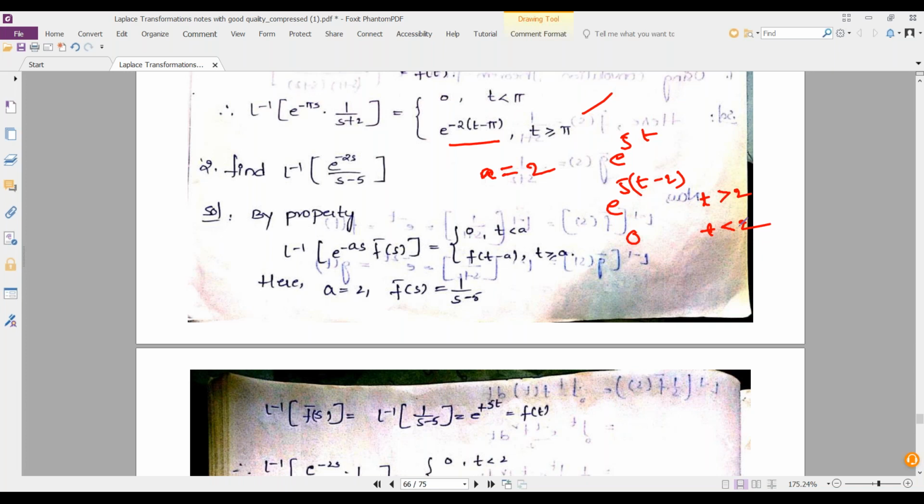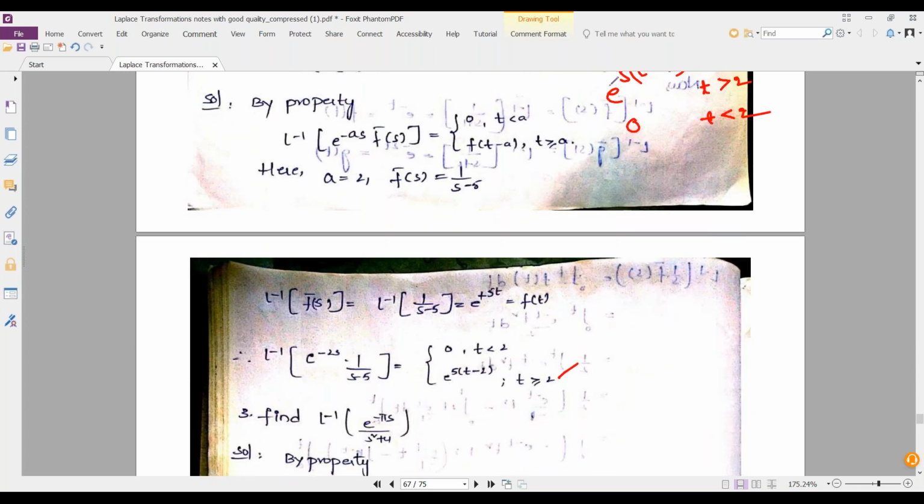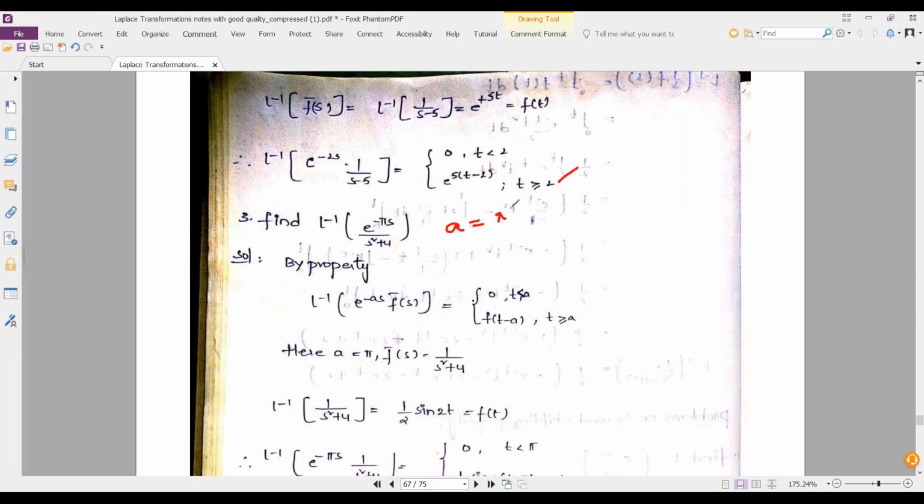Check it out. So for non-zero, start from that or equals to. Similarly here, e power minus pi s, so a equals pi. Then what would be the f of t here? Clearly 1 by s square plus 4 means sine, because there is no s in the numerator, so sine will be there. Sine 2t by 2.